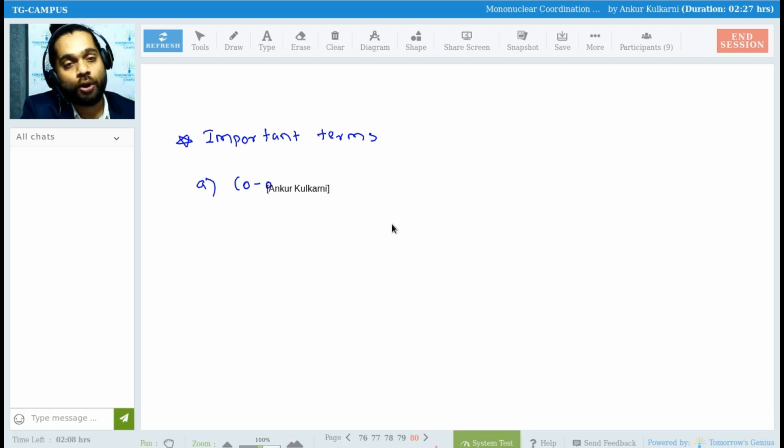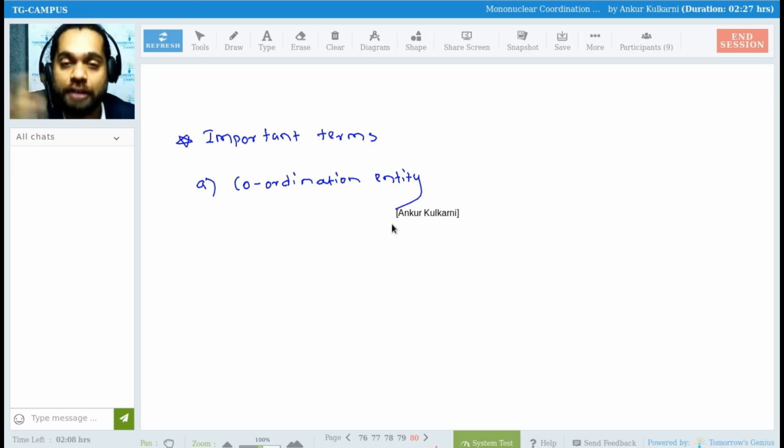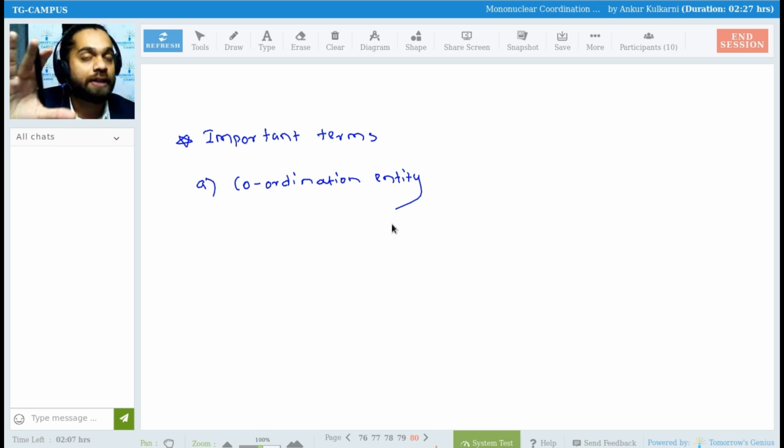Now entity means what? The whole species. So when I say coordination entity, that means coordination compound. Simple. If I say this is a coordination entity, the whole compound is a coordination entity. Whatever compound I write is a coordination entity.